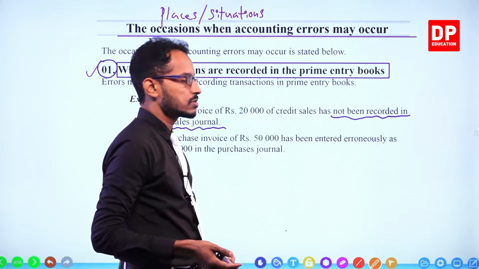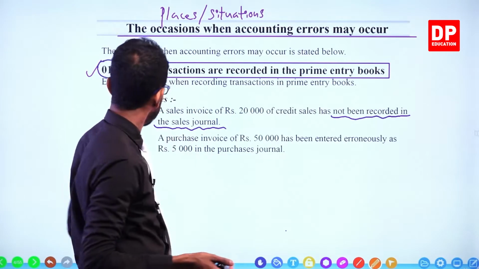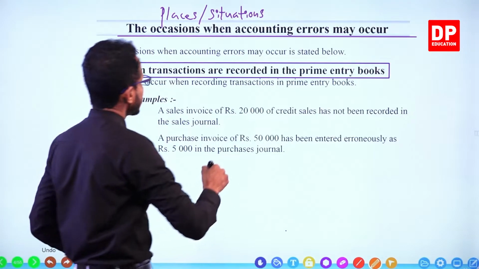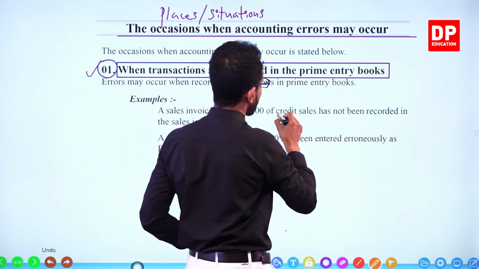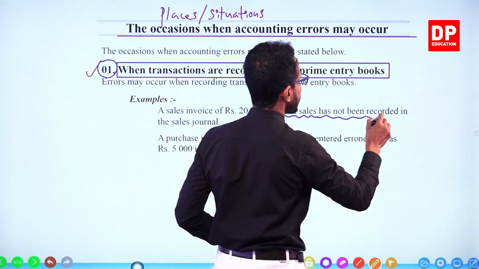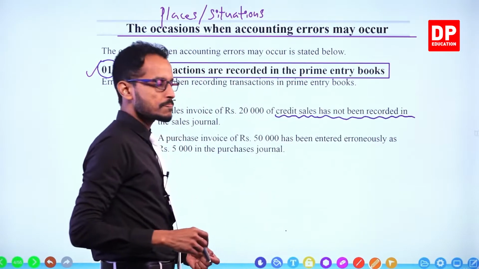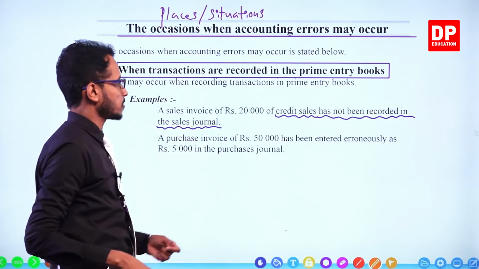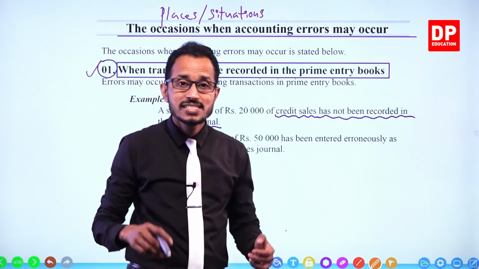Of course, it's an error. A sales invoice of 20,000, credit sales, has not been recorded in the sales journal. It's an omission.